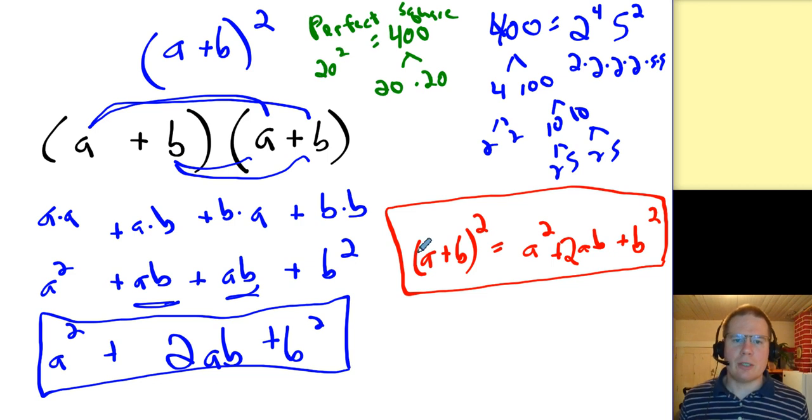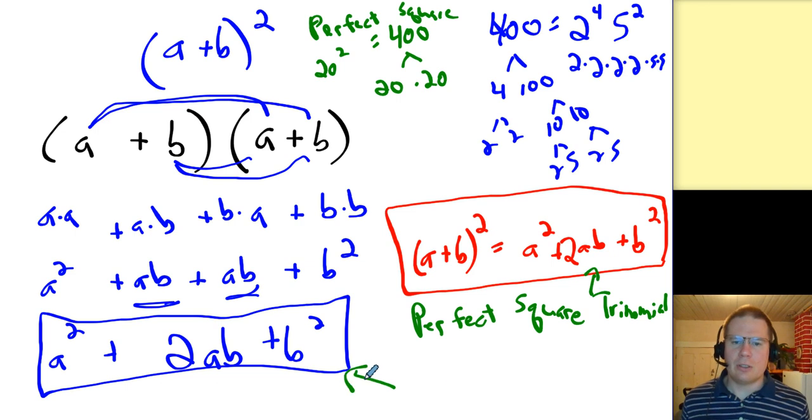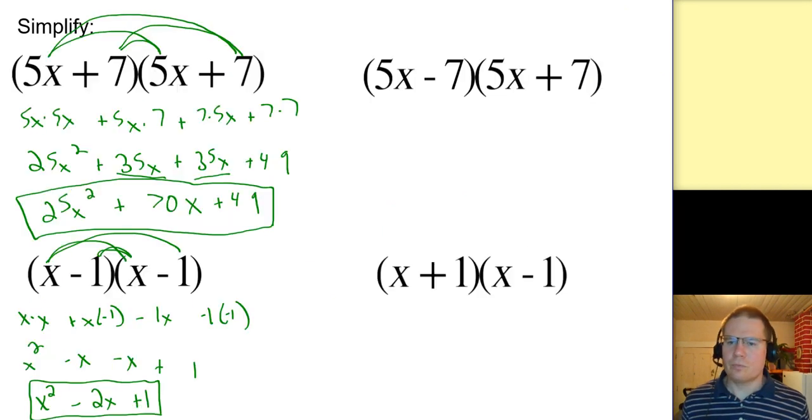Here's something written as something squared, so it's a perfect square. But to emphasize that we're talking about polynomials here, not just natural numbers, we call this a perfect square trinomial.